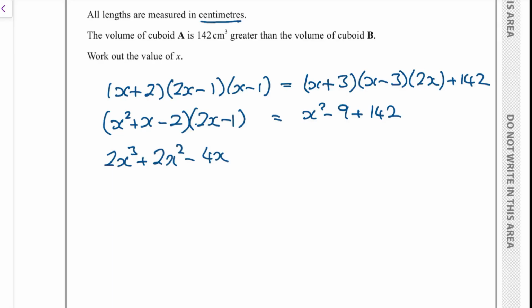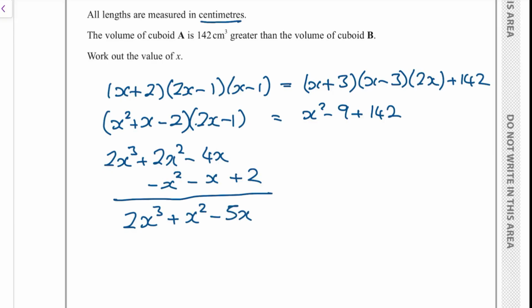And multiply everything by minus 1, which is minus x squared minus x plus 2.